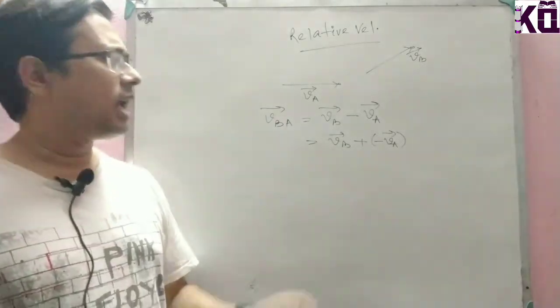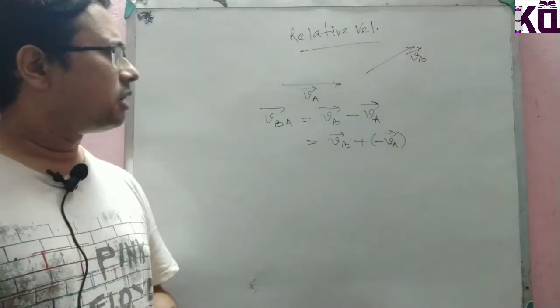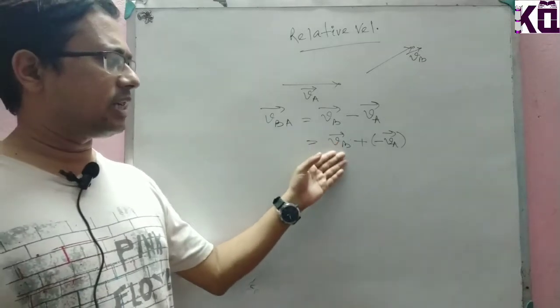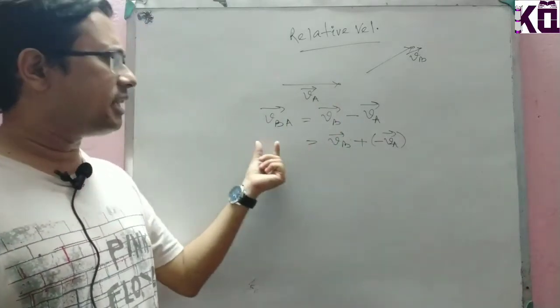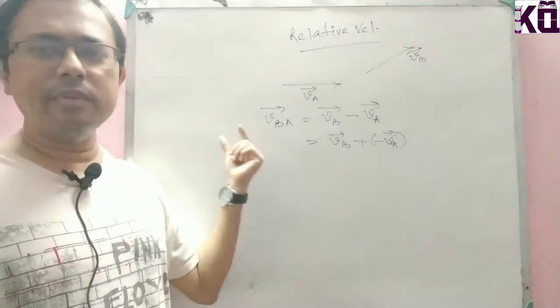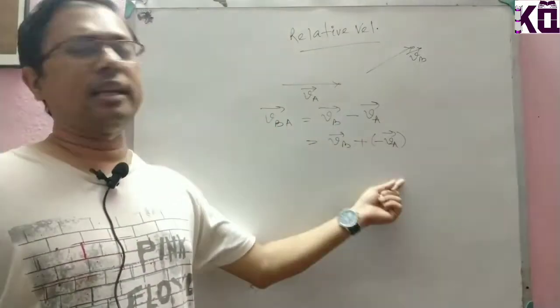That is also true as per the vector addition we have already covered. This is vector addition or subtraction, whatever you call it. Ultimately we get the resultant vector. So VBA is the resultant vector of VB and minus VA.